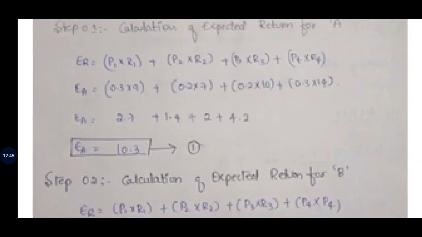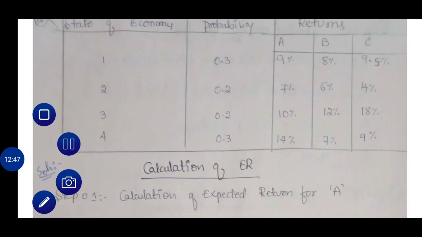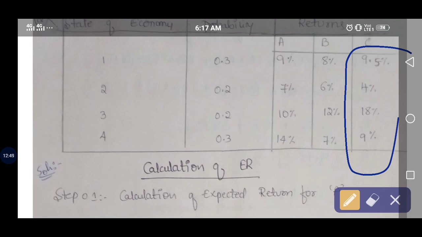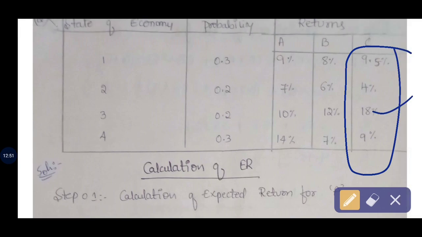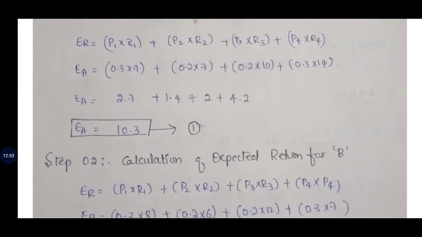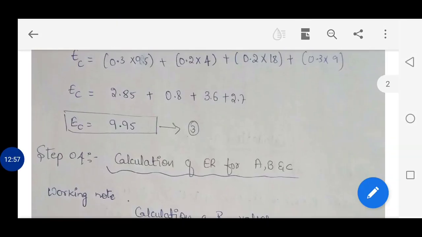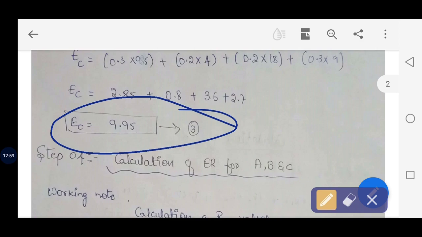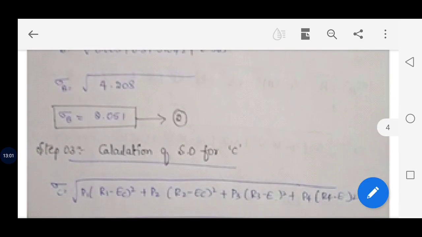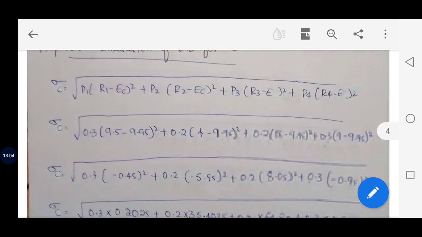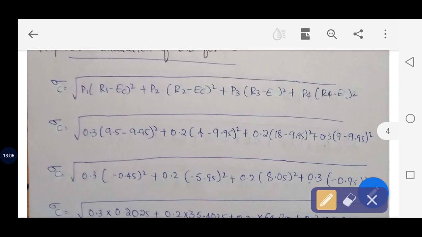Same we have to calculate for C. Let's look at the returns first. So 9.5, 4, 18, 9. And expected return of C is 9.95. So see, put all the values.